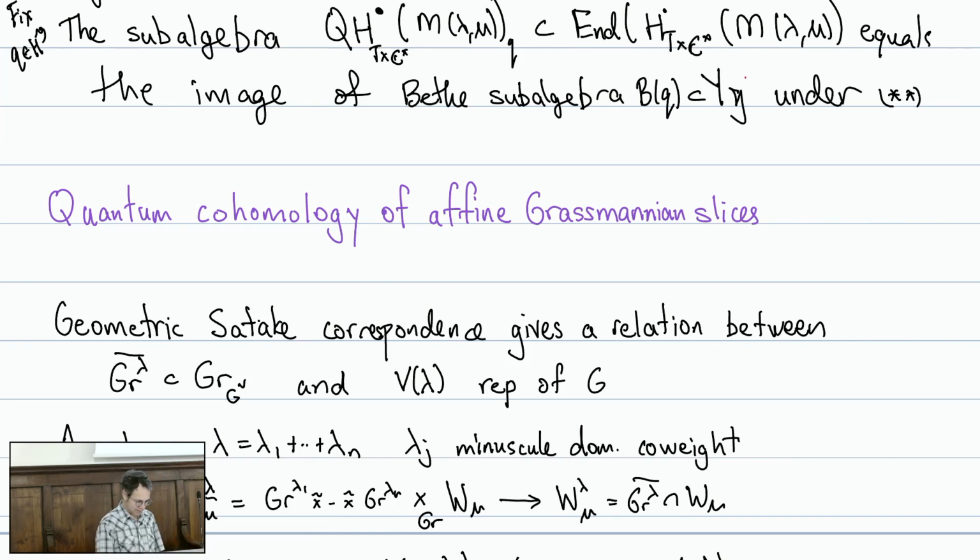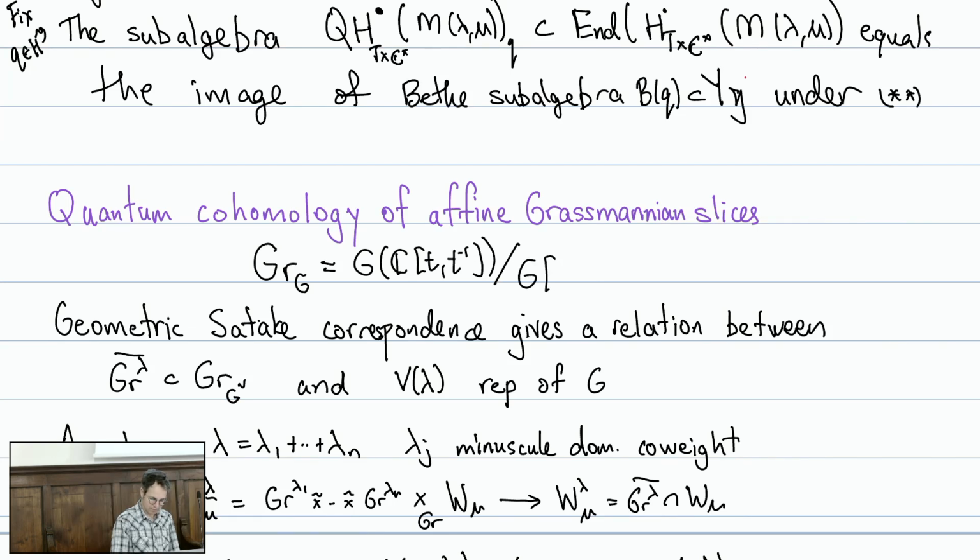But we're now going to involve two groups. If you remember when we defined this affine Grassmannian, maybe I better quickly recall the definition of the affine Grassmannian of a group. Remember we defined the affine Grassmannian of a group G to be G over the ring of Laurent polynomials divided by G over the ring of polynomials.